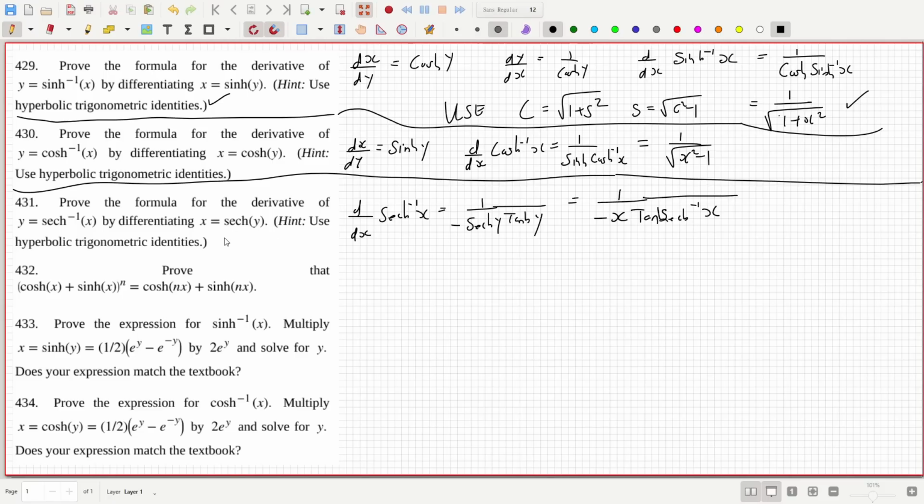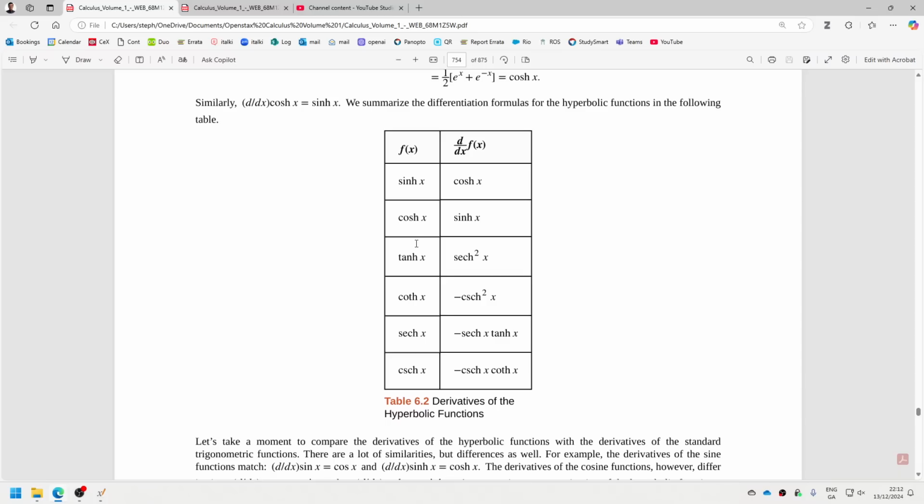What's the one? We have cosh squared minus sinh squared equals 1. Divide by cosh squared, so that's 1 minus tanh squared equals sech squared. So tanh is root 1 minus sech squared. So that'll be root 1 minus x squared. So is that the formula for sech inverse?